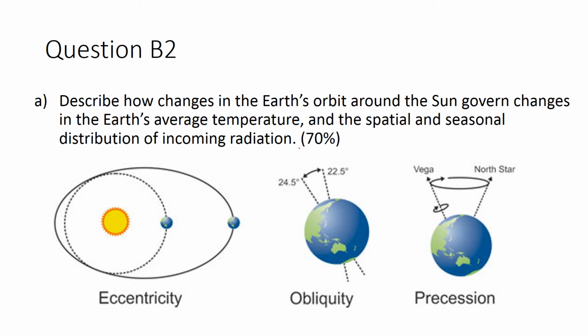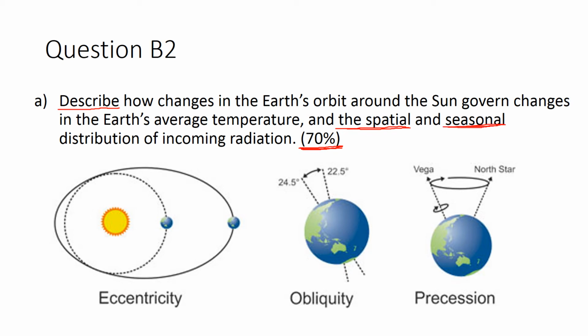Bear in mind that this is a 70% part of the question, so there's quite a substantial amount of stuff that is required here, and we're not just looking for a short answer because we're really asking people to describe how the changes in the orbit govern temperature. So, for instance, the eccentricity is the deviation from a perfectly circular towards an elliptical orbit, but that doesn't describe how the changes affect the Earth's temperature, and particularly the spatial distribution of that temperature and the seasonal distribution of the temperature.